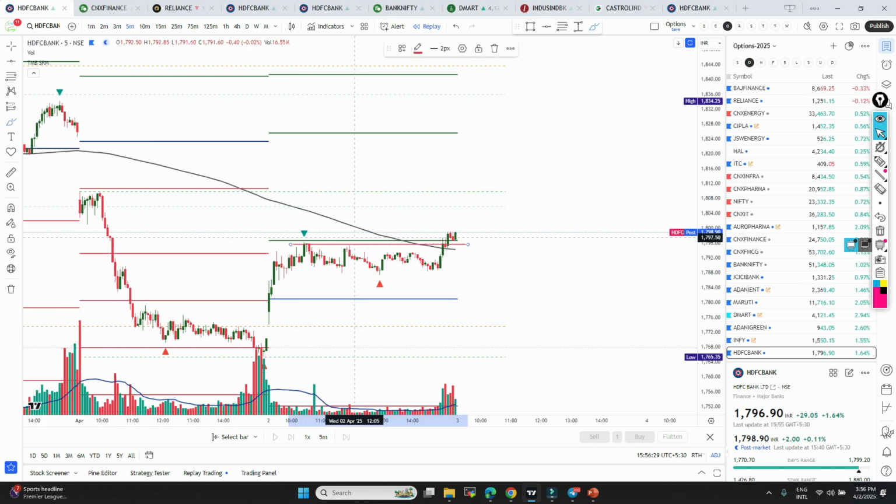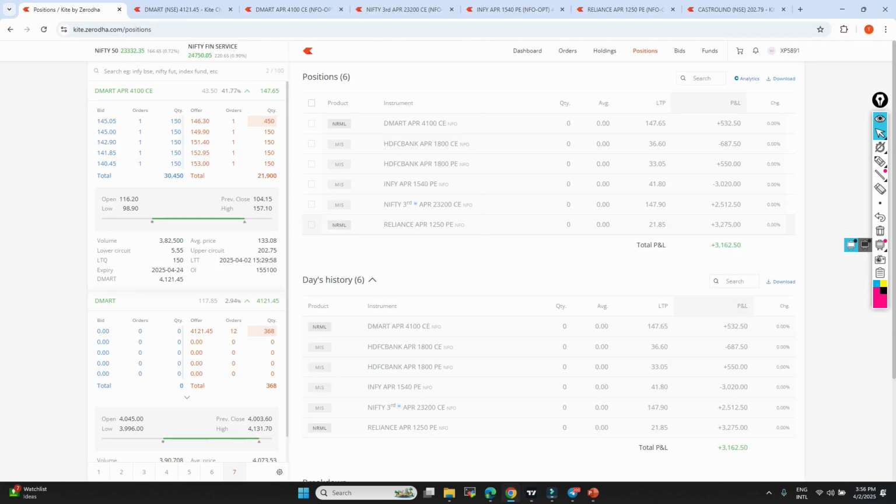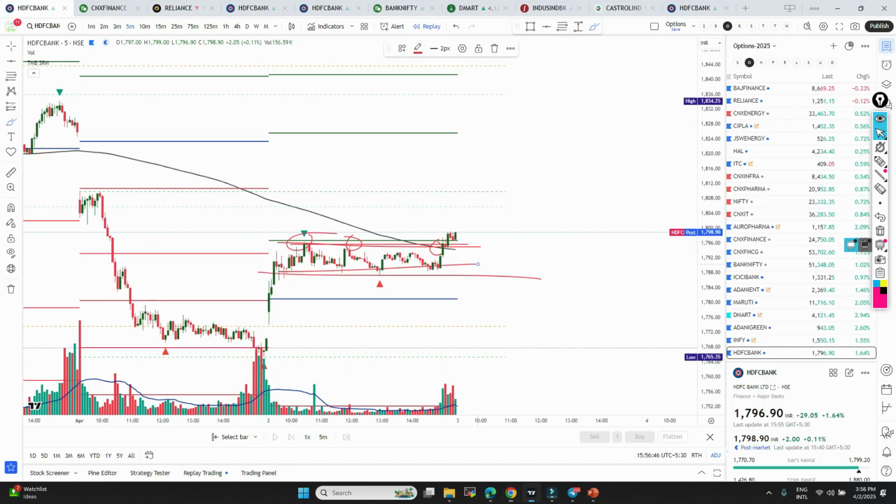See, this is where I felt like I could run the straddle between these. So I initiated the straddle for HDFC Bank, but did not capitalize properly. This is not moving properly.